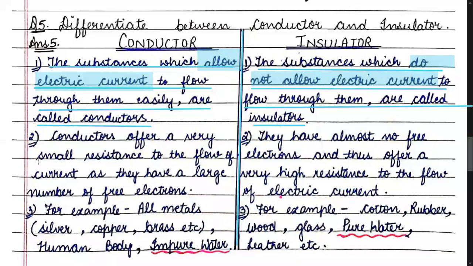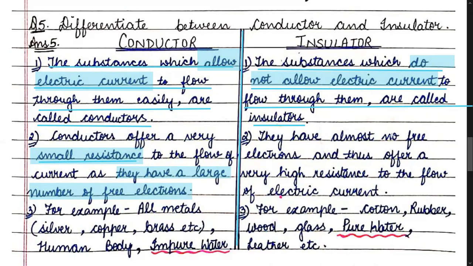Conductors offer a very small resistance. What is resistance? Resistance is opposition provided to the flow of current. Conductors offer very small resistance to the flow of current because they have a large number of free electrons.